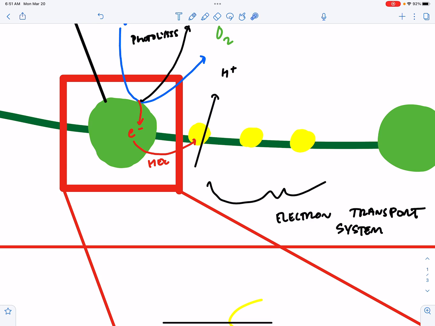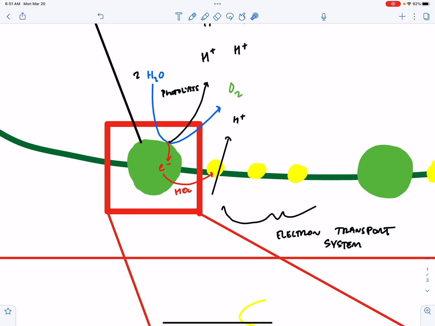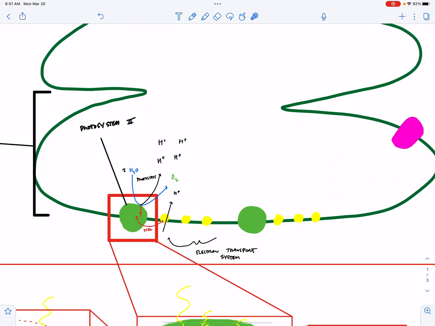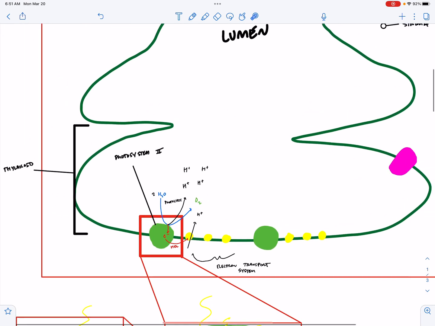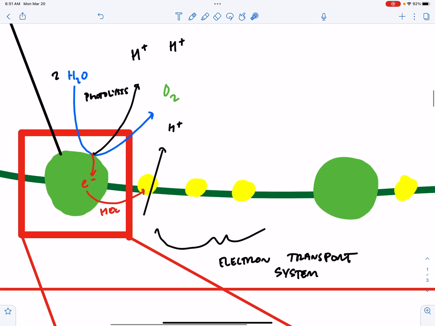This is active transport because we're using the energy in the electron to move a hydrogen ion from an area of low hydrogen concentration, which is outside of the thylakoid, in the stroma, into the lumen of the thylakoid, which, as you know from before, we've already created some H plus in the photolysis of water. But we move another H plus ion in using the energy of the electron. Now the electron has a slightly lower energy.